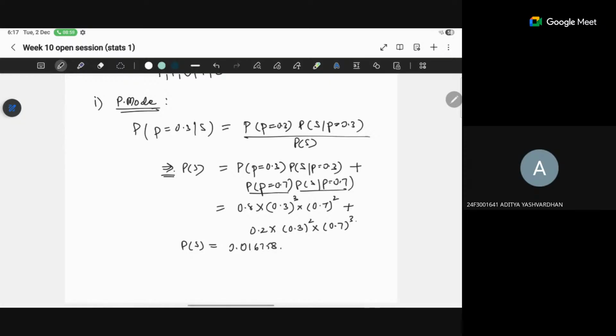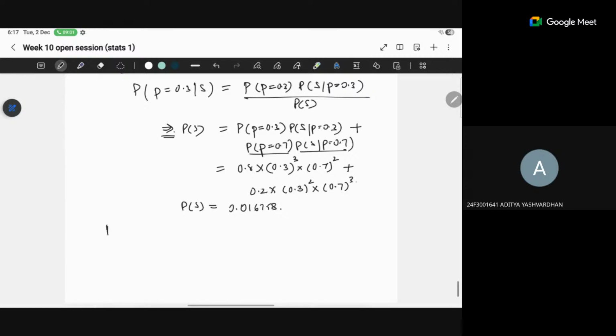Everybody is getting this answer? Okay. So now I'll just put the values here. This will be 0.8 into 0.3 cubed into 0.7 squared divided by 0.016758. If you solve this, what is the answer that you are getting? 0.63. 0.63 is the value? Yes, ma'am.